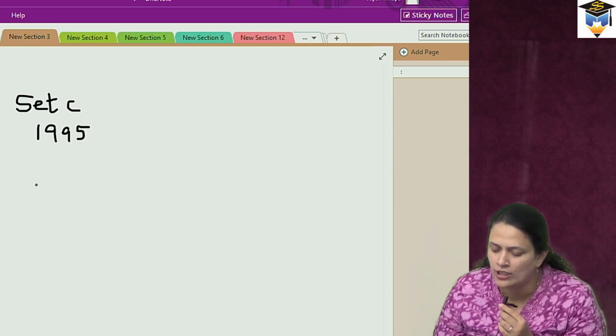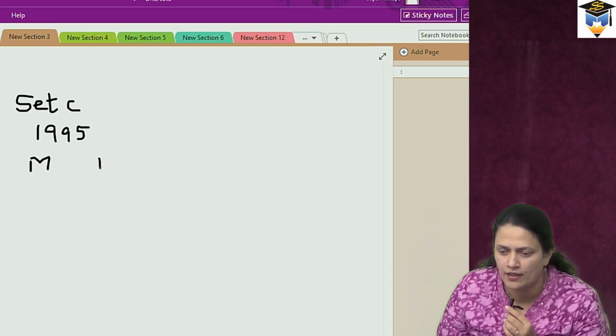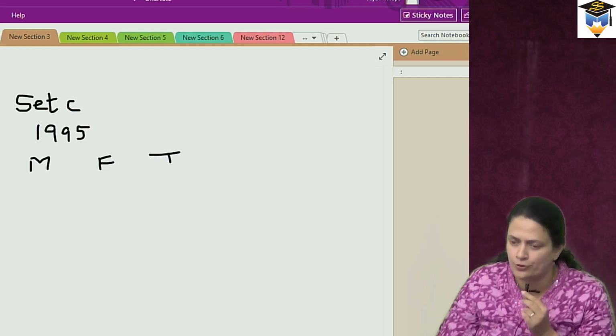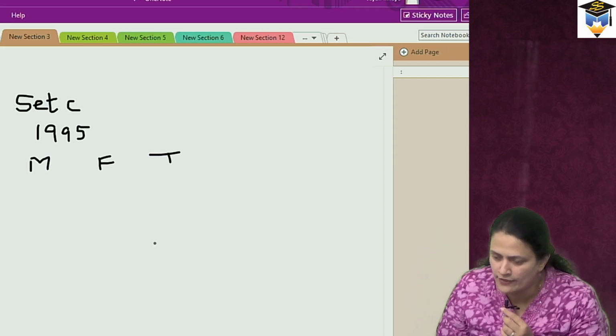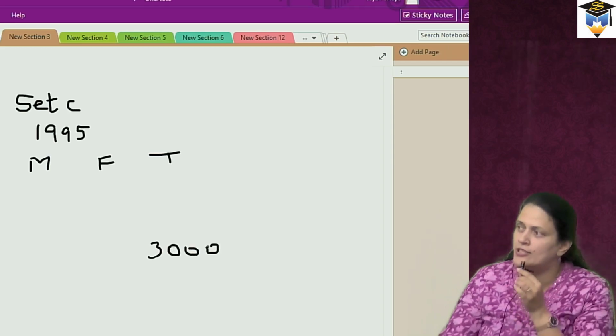Now total number of students for this year is given. So I am going to form the table: male, female, total, then commerce, science, and total. Total number of students is given as 3000 for 1995.